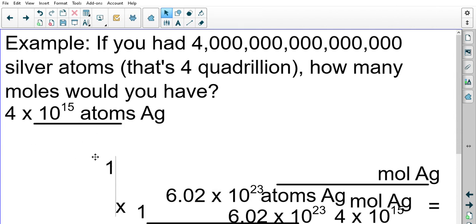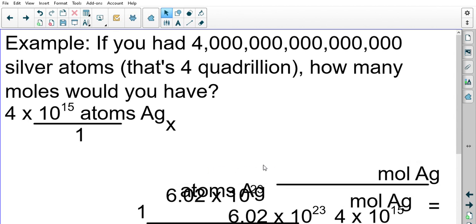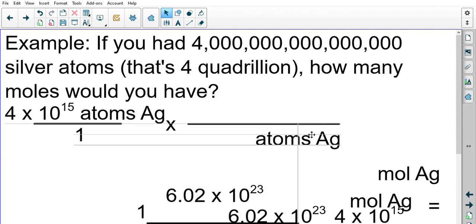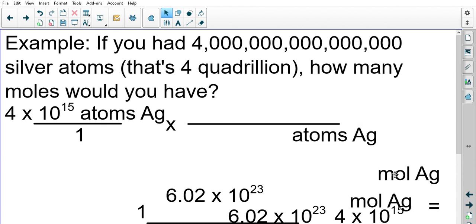And just like before, I multiply it by a fraction. Okay, but this time my given unit was atoms, so I put atoms in the denominator. My goal unit is moles, right? It says how many moles. So my goal unit is moles, so I put that up there.